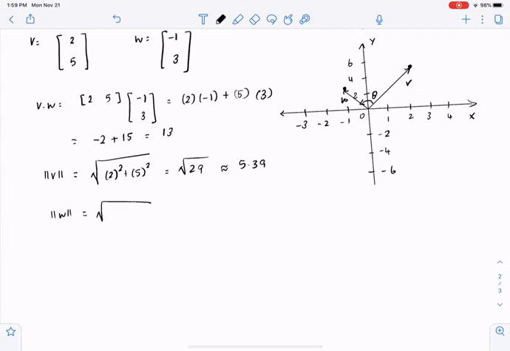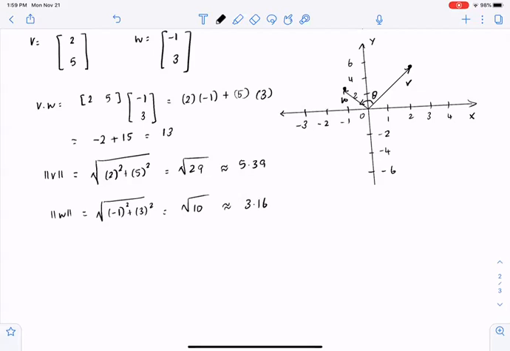The magnitude of w: negative 1 squared plus 3 squared, square root of 10. If you approximate it, you'll get 3.16.